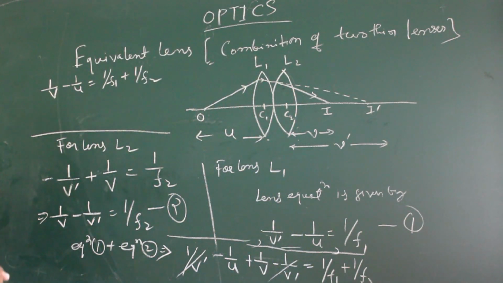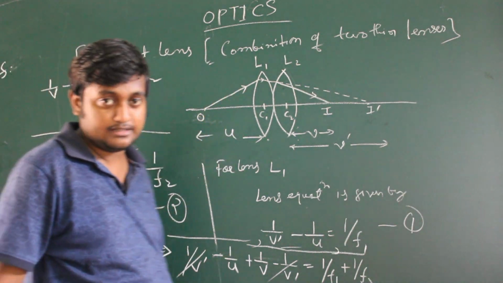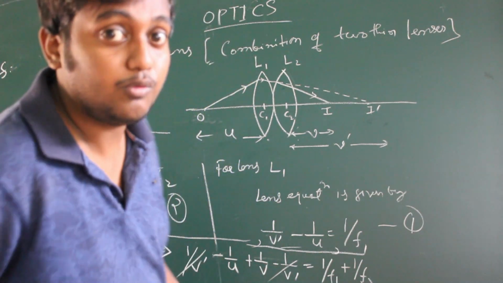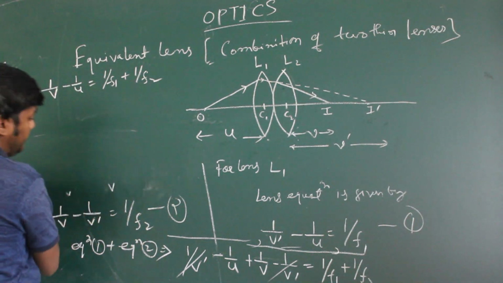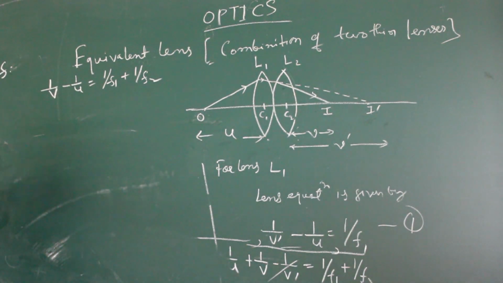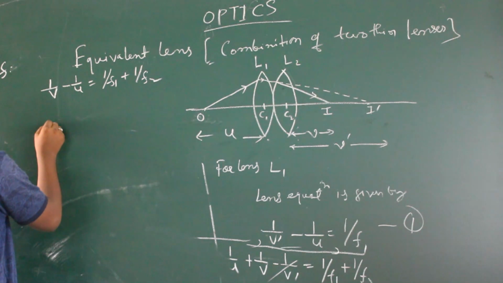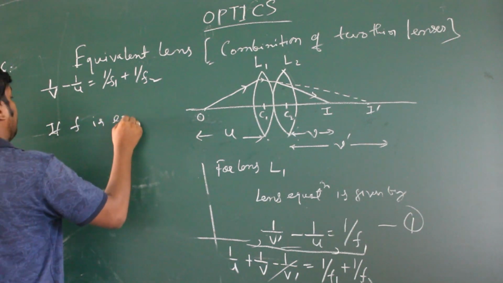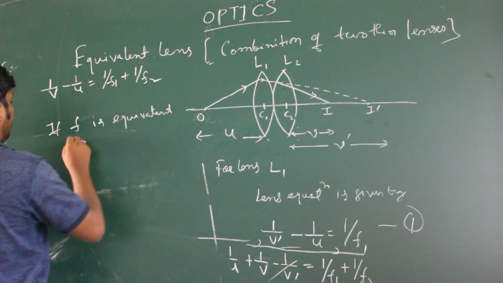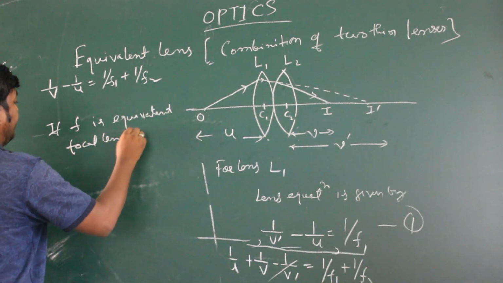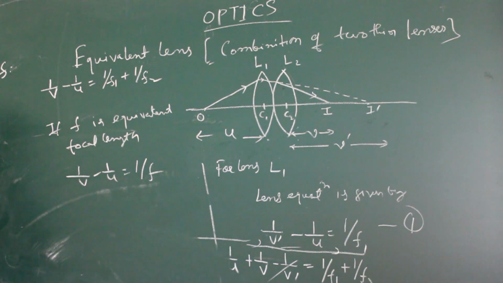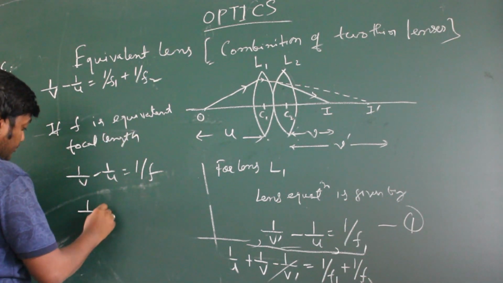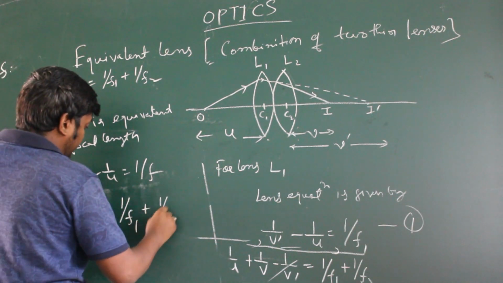Now if we consider that F is the equivalent focal length of this combination of lenses, then from the lens equation we can write 1 by V minus 1 by U equals 1 by F. Putting these values here, 1 by F equals 1 by F1 plus 1 by F2.